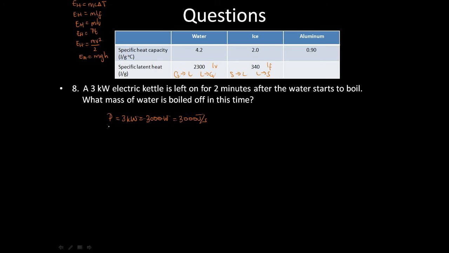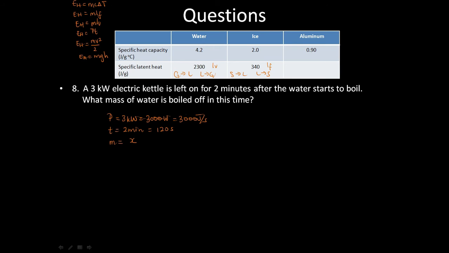We have time, it's 2 minutes, but we need the time in seconds, and since 1 minute is 60 seconds, 2 minutes will be 120 seconds. And then we need the actual mass, so we're looking for mass, which is X.